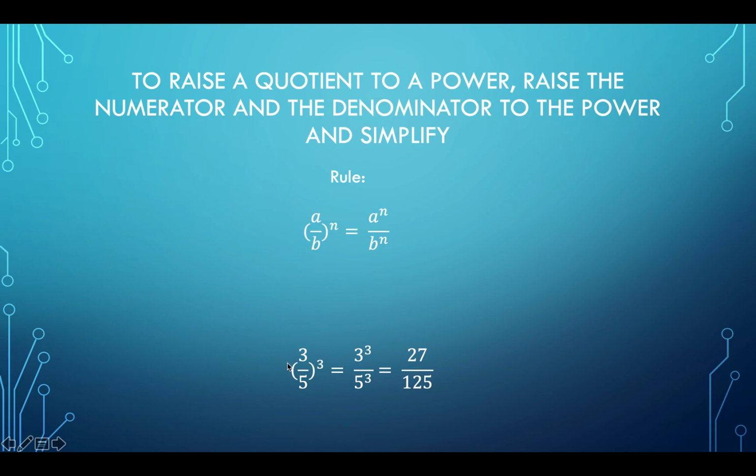In parentheses, we have 3/5 all to the 3rd power. Now we take this 3, distribute it to the numerator, distribute it to the denominator. So we're left with 3 to the 3rd over 5 to the 3rd. 3 to the 3rd gives us 27. 5 to the 3rd gives us 125. Your final answer is 27 over 125.